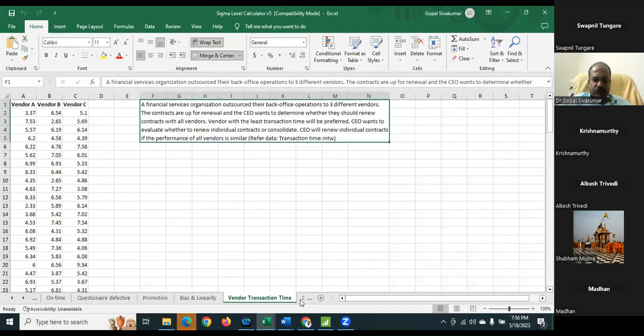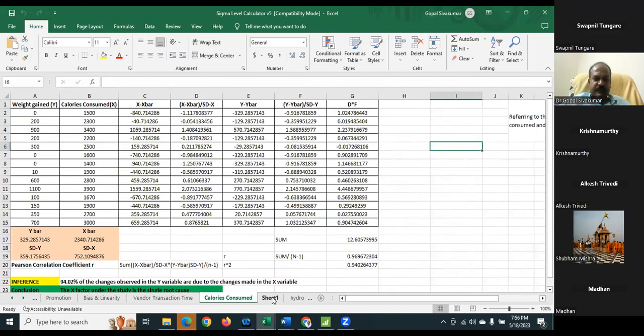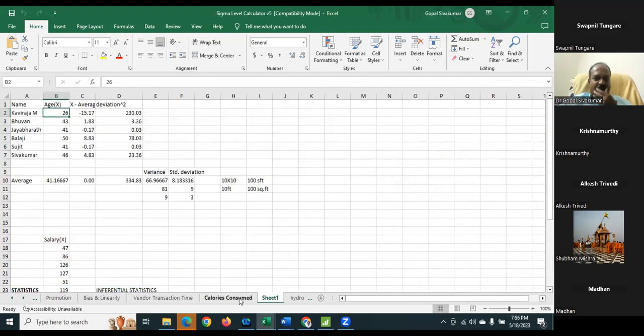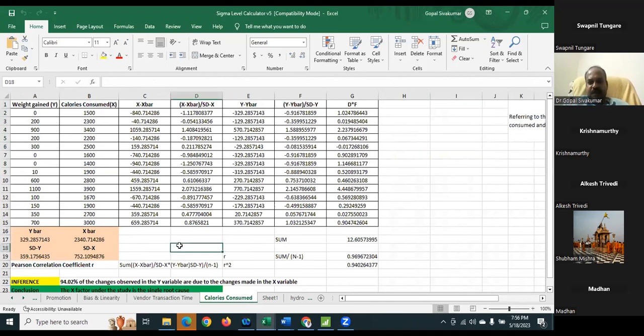Pearson correlation coefficient tab. Shubham, can you see here? Weight gain, Y variable, calorie consumption, X variable, X bar calculated, Y bar calculated, standard deviation of Y calculated, standard deviation of X calculated.